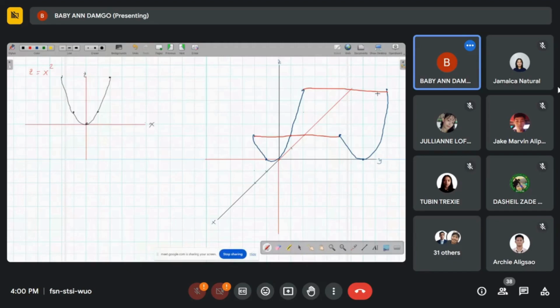So, not all cylinder is what kung unsa tong nahibaw-an nga cylinder based sa definition sa calculus. So, it's one of the cylinder but dili tanan cylinder ing ato nga form. Okay? Question? Class?